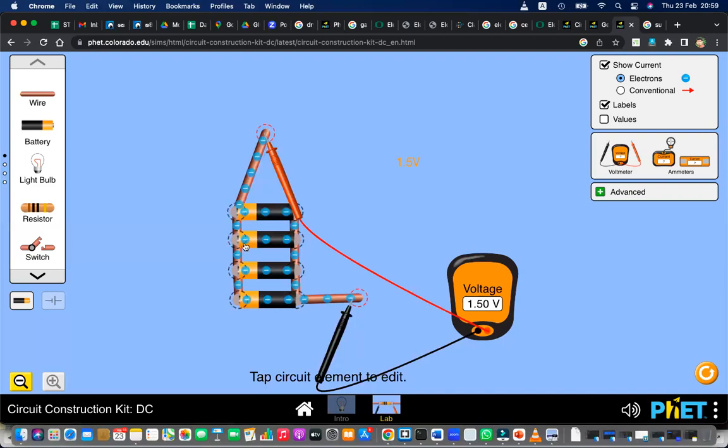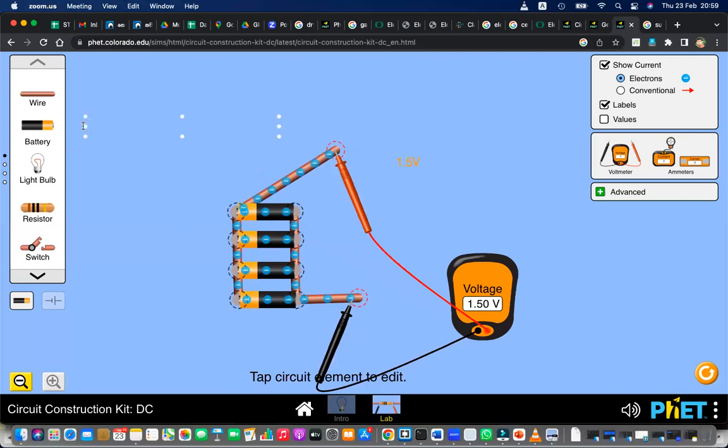If I connect them in parallel, it is only 1.5. So remember this rule. If you connect batteries in parallel, the voltage won't change. But if you connect batteries serially, the voltages will be added. So write it down somewhere in your book. Serial connection of batteries will add the voltages of all the batteries.